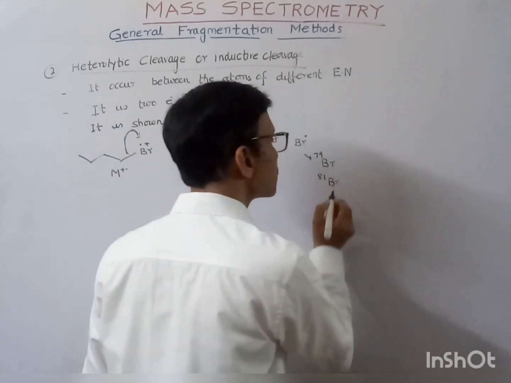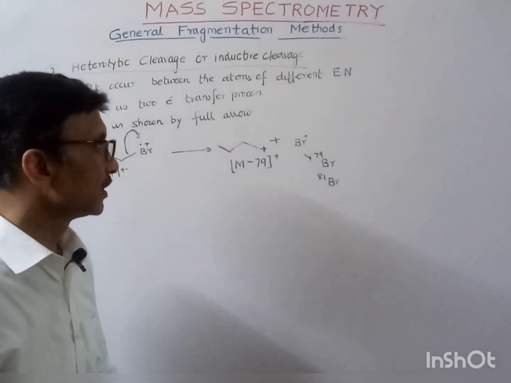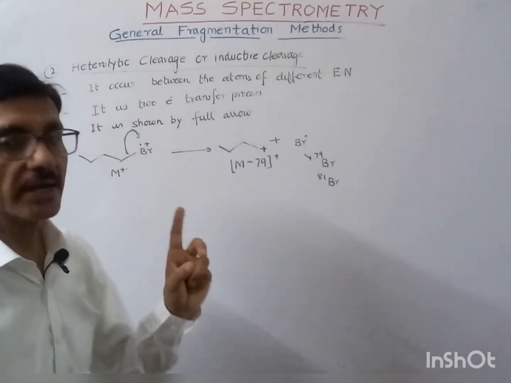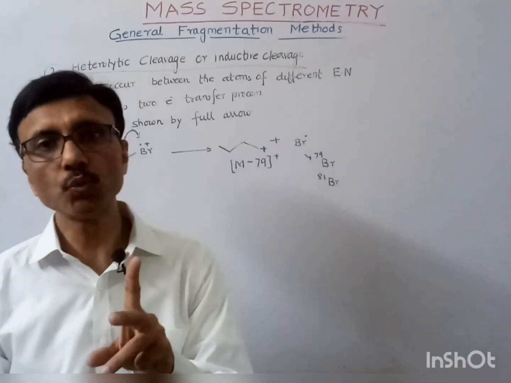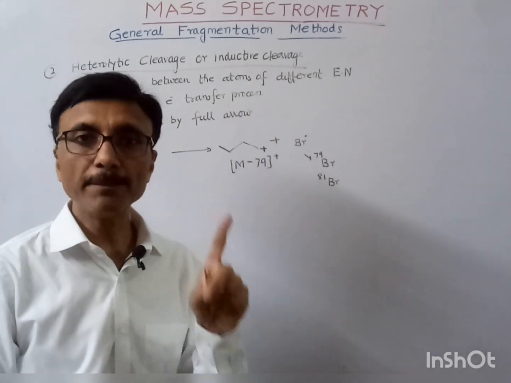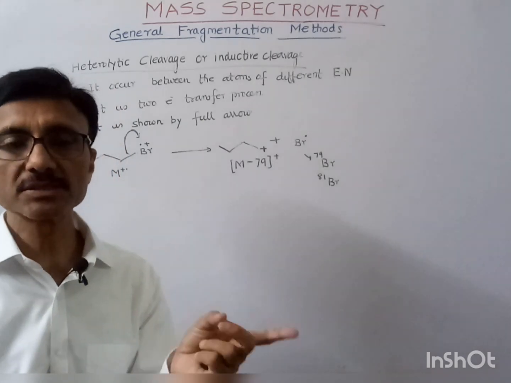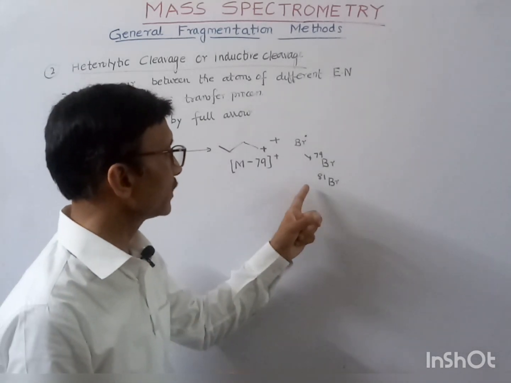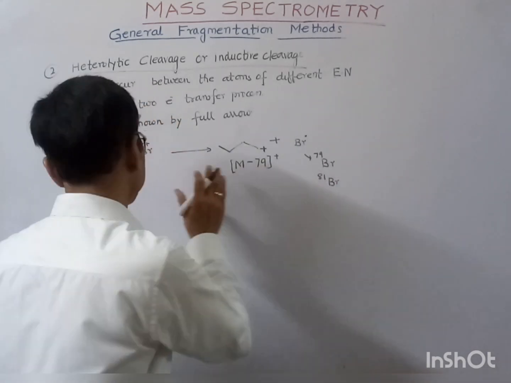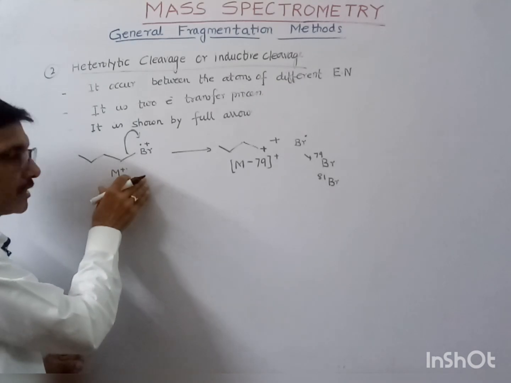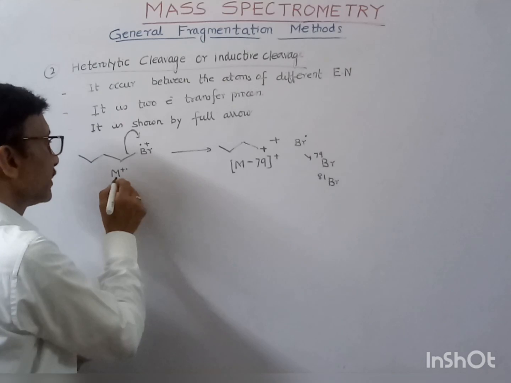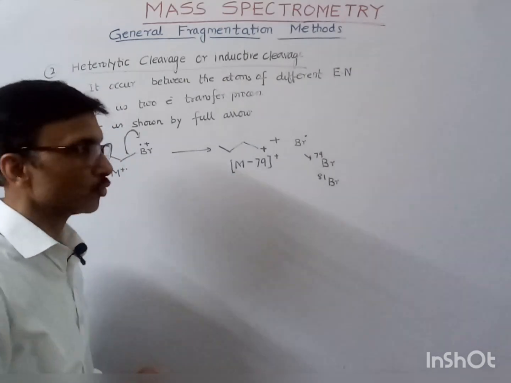I have already discussed the isotopic peak in my previous lecture. If one bromine is present, it will show 2 isotopic peaks: one at the M peak, and another at the M plus 2 peak, that is 81.